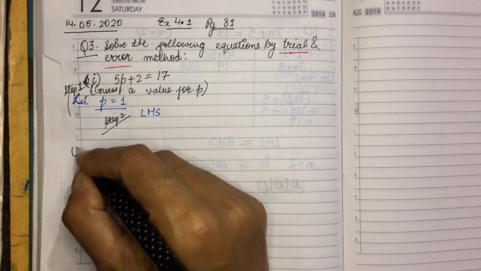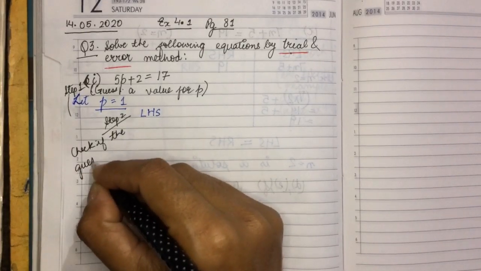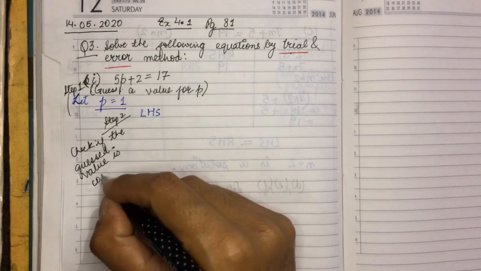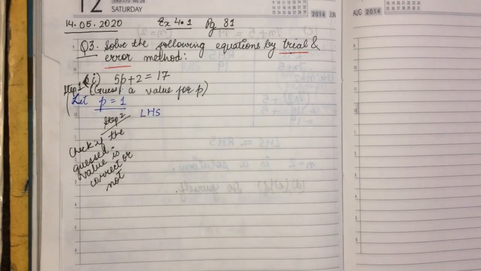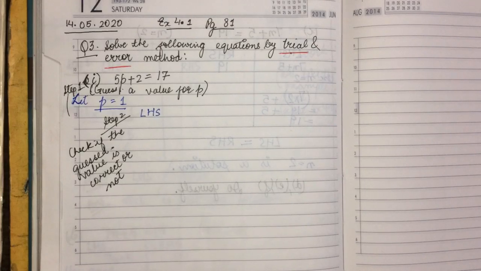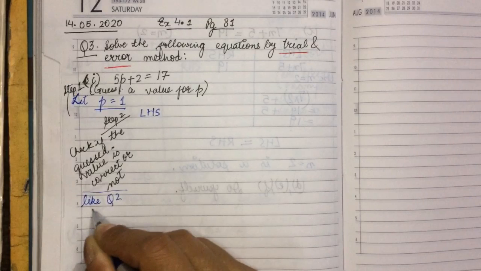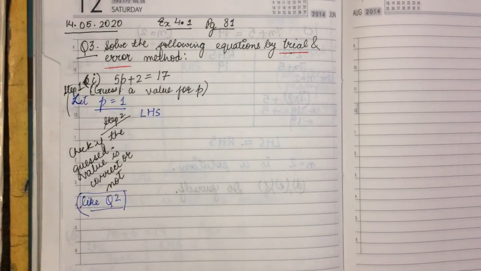The next step is check if the guessed value is correct or not. And how do we check? Like we did in question number 2. We separate the two sides, use the value and see if LHS is equal to RHS.